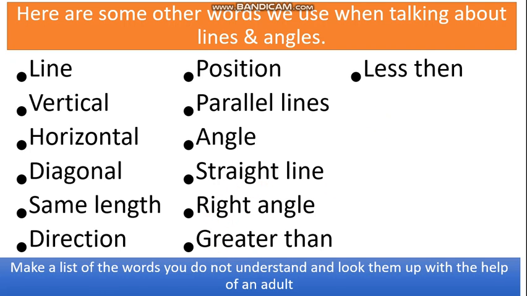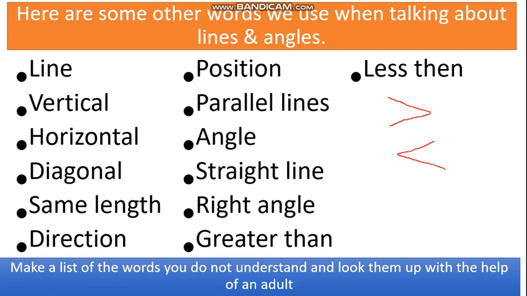Now, greater than and less than are things we've come across before. Okay, so if we're talking about greater than, we'll have a sign like this. If we're talking about less than, we'll have a sign like this. Okay, so greater than, less than. So we read them from left to right.